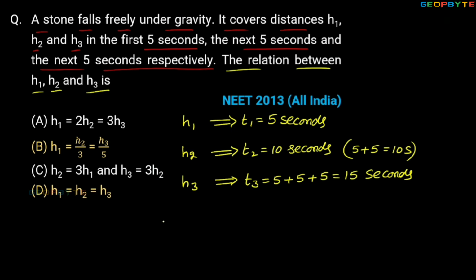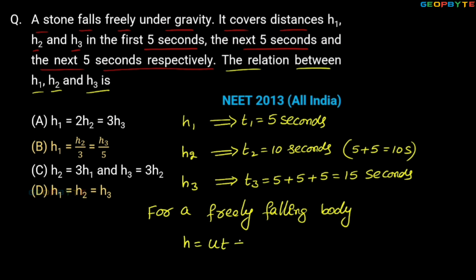For a freely falling body, h equal to ut plus half g t square. For a freely falling body, initial velocity u equal to 0.